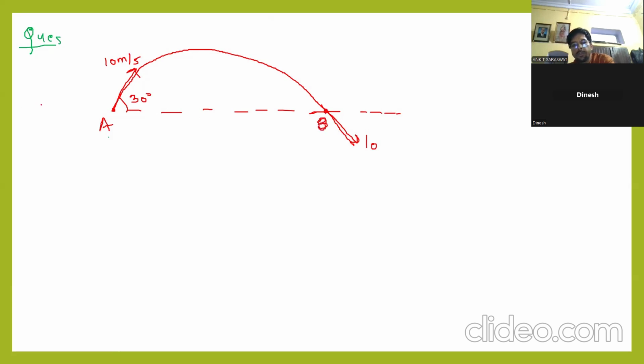Clear? This is also ground. So at the same position, the speed is the same. Its magnitude is the same, but the velocity is in a different direction. If it is making 30 degrees from here, then it is also 30 degrees.